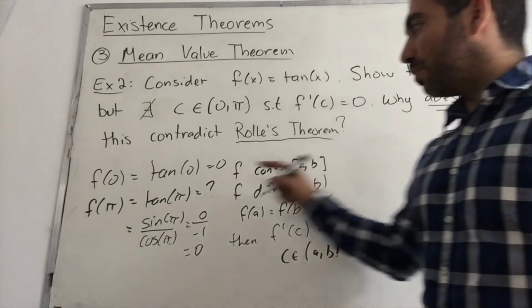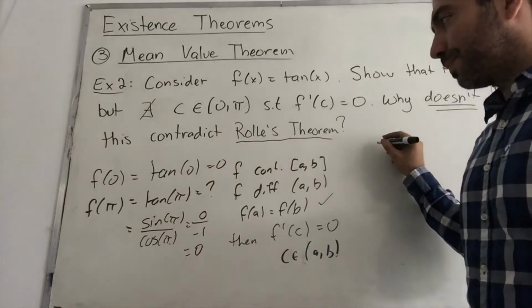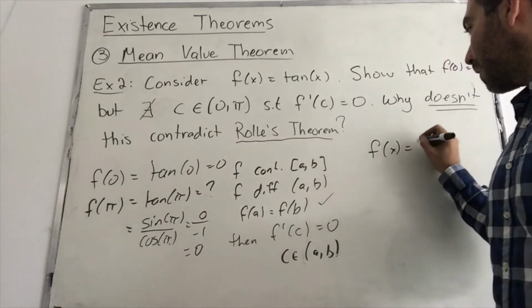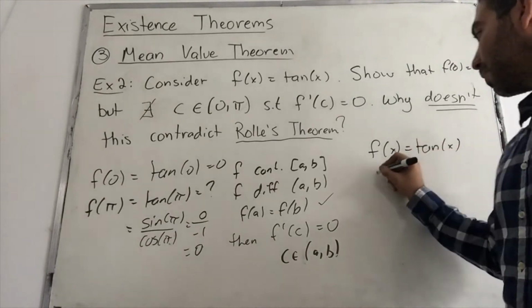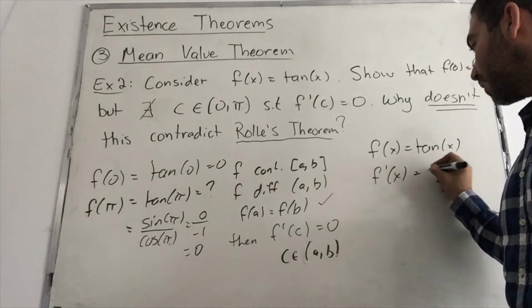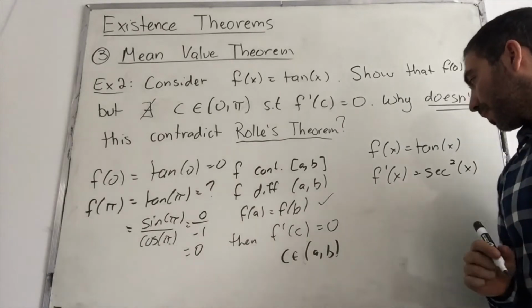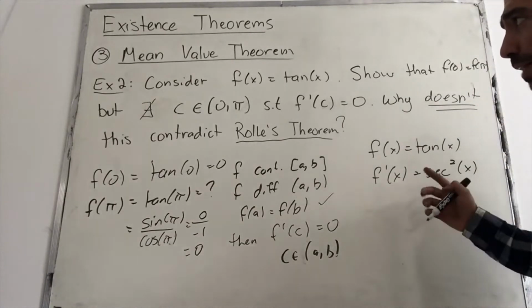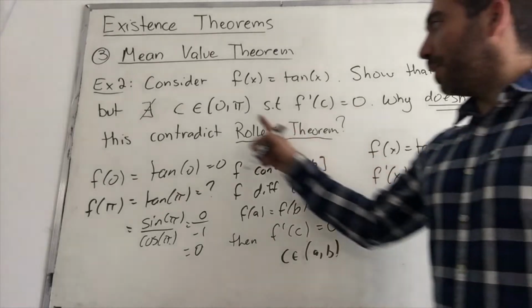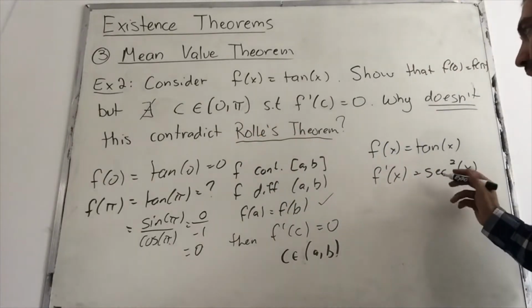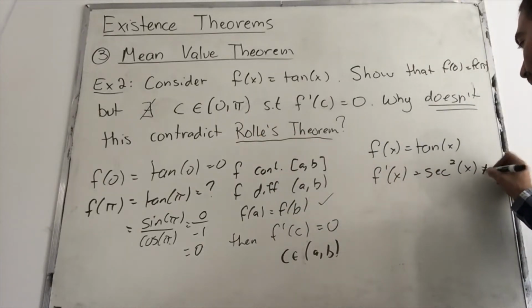So if we take the derivative of tan, f of x equals tan of x, the derivative f prime of x is secant squared, and between 0 and pi, there's no situation where this is equal to 0.